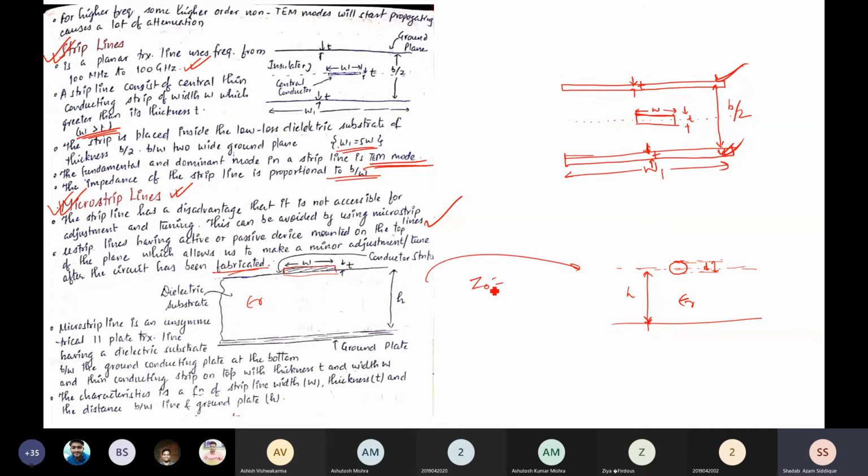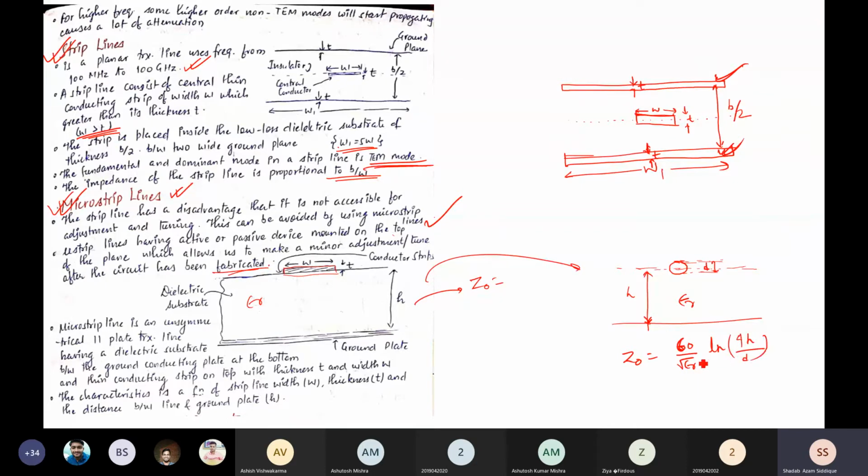The characteristic impedance Z naught will be in terms of H, T, W for the rectangular one, and in terms of H, D for the circular one. For the circular one, there is a derivation which I will not go through; I will just take it directly. Z naught is equal to 60 upon square root of epsilon r, ln 4h by d.